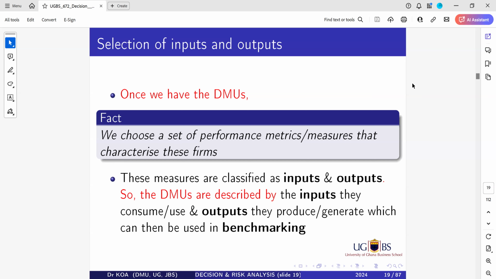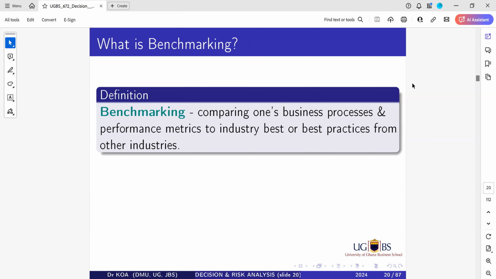So you must have an X input and an X output for every DMU. Every one of them, you must have it. However, it's not always the case for some organizations, and that's why it's very important to recognize this. Look, the most difficult aspect of efficiency analysis is this one, selecting the inputs and outputs.